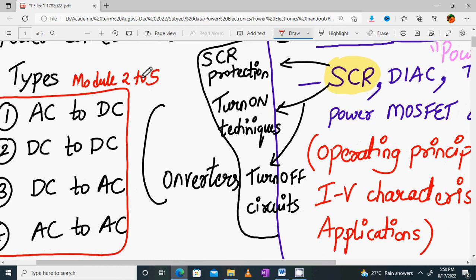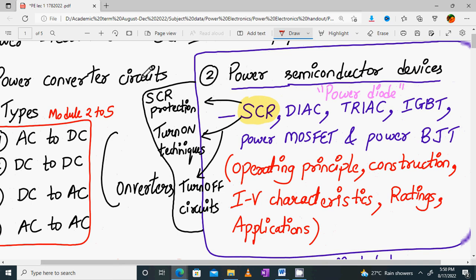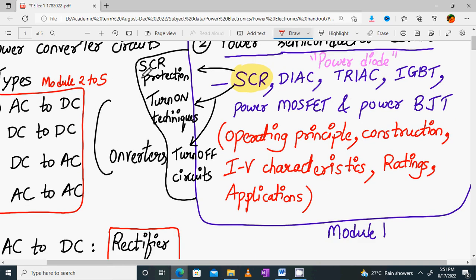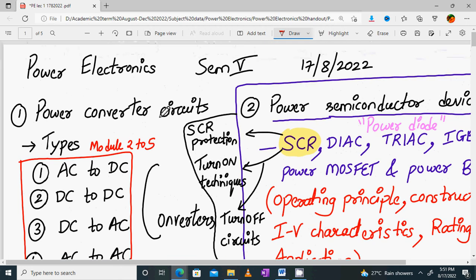We have two categories: power semiconductor devices, covered in module number 1, and in modules 2 to 5 we have various power converter circuits, which are AC to DC rectifiers, DC to DC chopper circuits, DC to AC inverter circuits, and AC to AC converters. So this is a short intro on the power electronics syllabus.